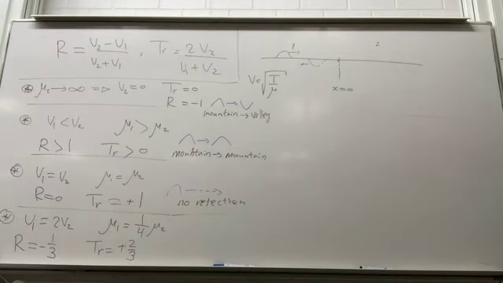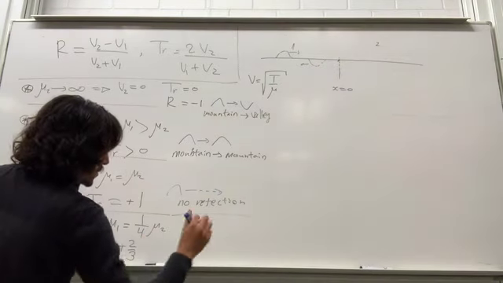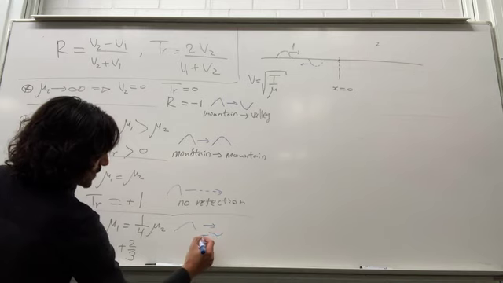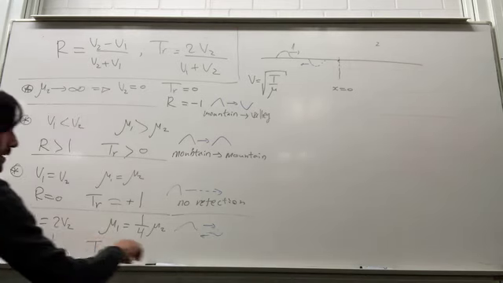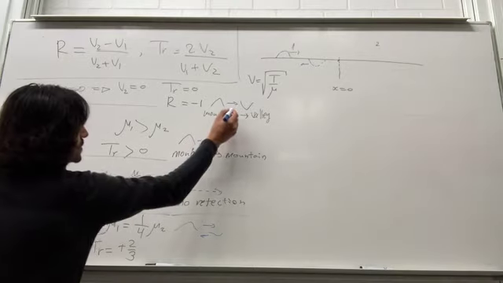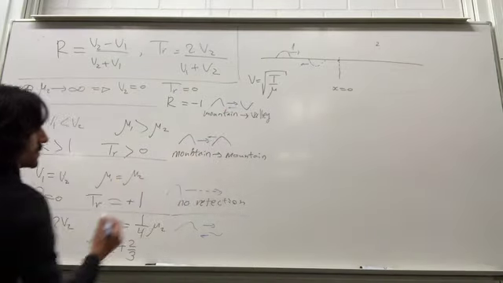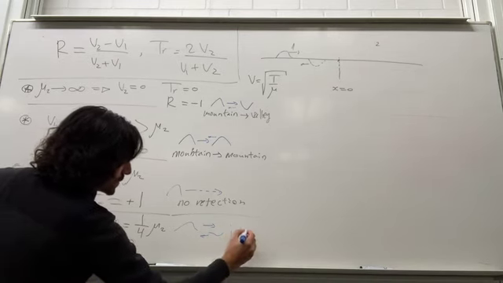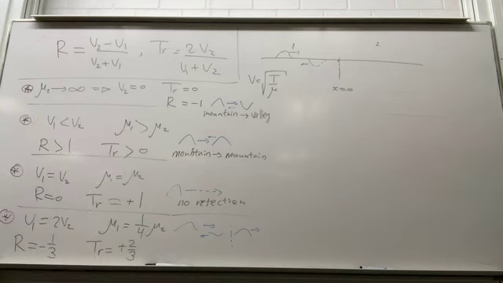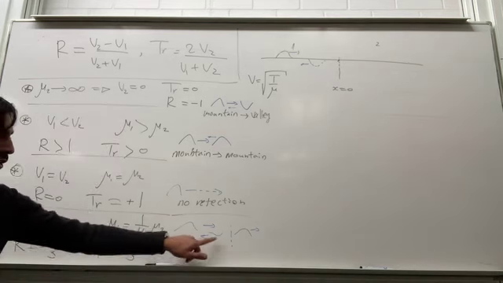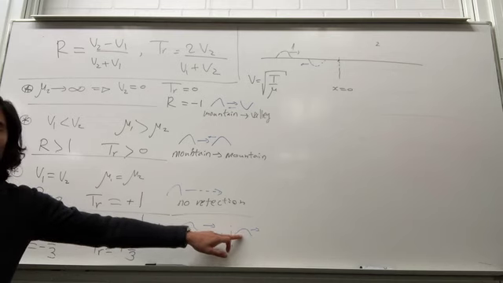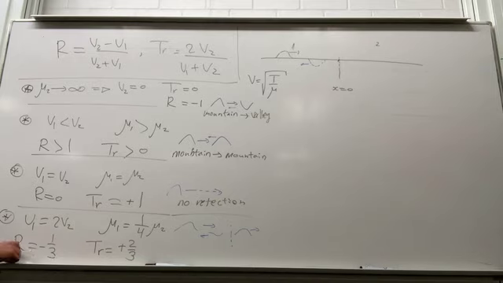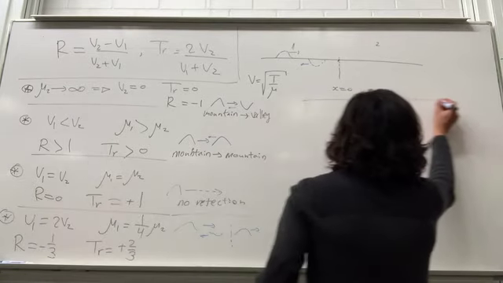And for this one now we have a reflection, so a mountain returns a valley, and is being transmitted as a mountain. This is 1/3 of the amplitude, and this is 2/3 of the amplitude of the incident mode.